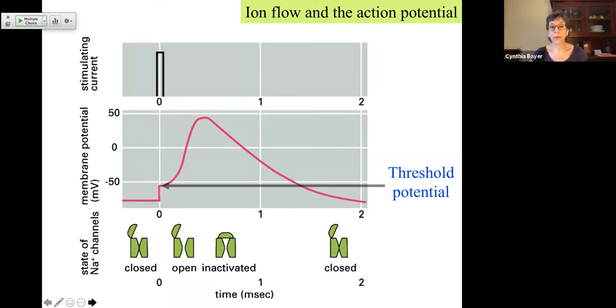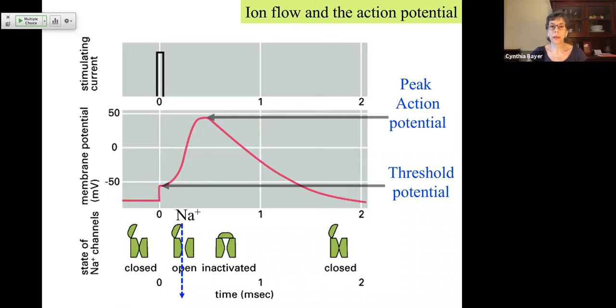When it opens, positively charged sodium ions can then enter the ion channel, adding more positive charge to the inside of the cell. If the cell has more positive ions inside, then the membrane potential is going to rise into the positive range until it reaches its peak. The peak of the action potential is plus 40 millivolts.